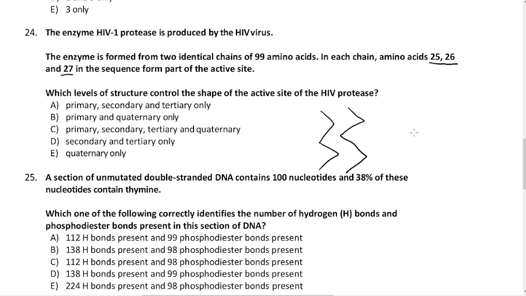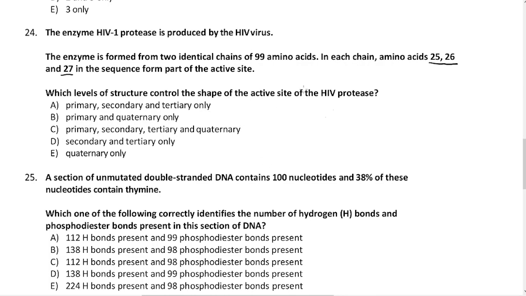So they are kept together by hydrogen bonds. The tertiary structure is between those units and is a 3D structure, and the quaternary structure is between subunits. So subunits 1, 2, 3, and 4. For example, hemoglobin has 4 subunits and a heme group in between them.